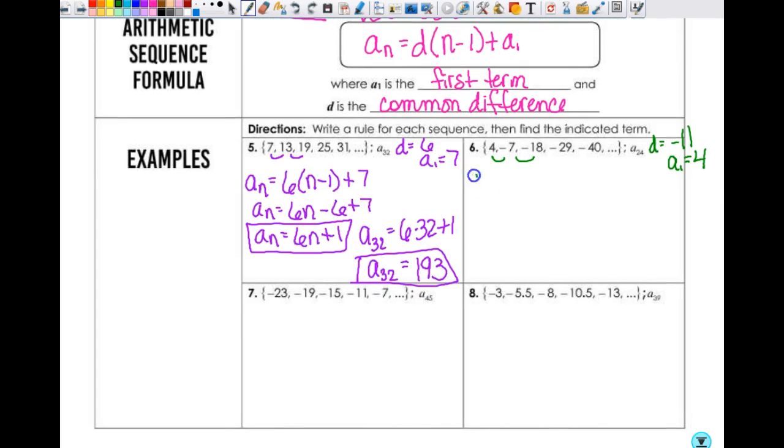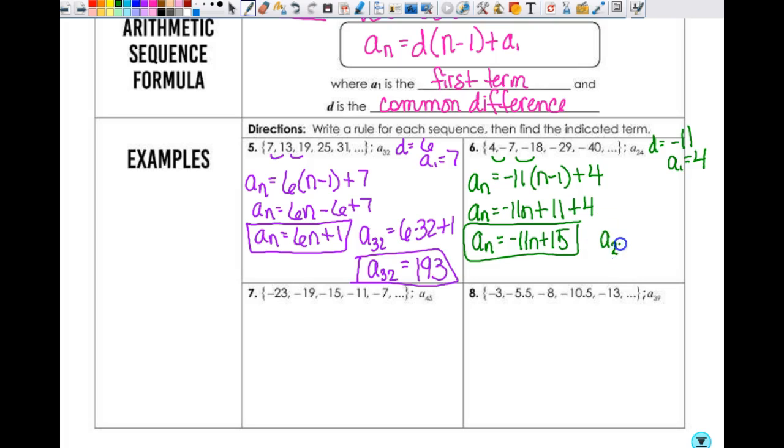So that means that A sub n is equal to negative 11 times n minus 1 plus 4. So A sub n equals negative 11n plus 11 plus 4. A sub n equals negative 11n plus 15.